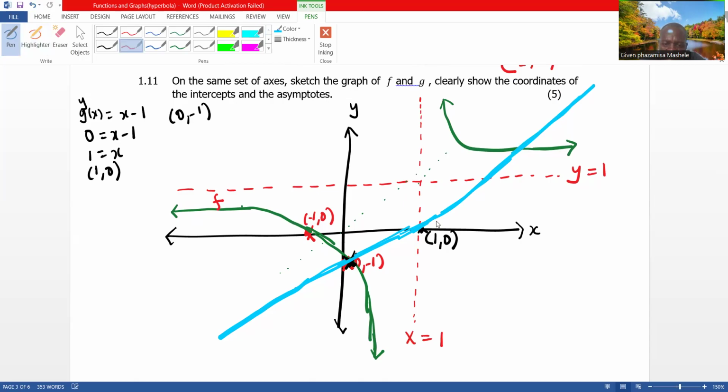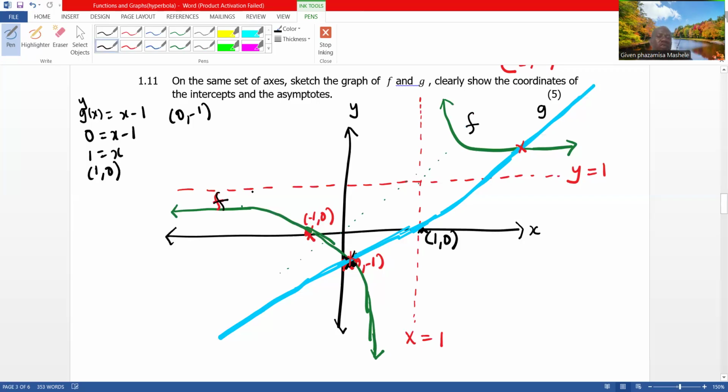They're intersecting at this point here and also at that point there. So let's call this one the G and this one is the F.